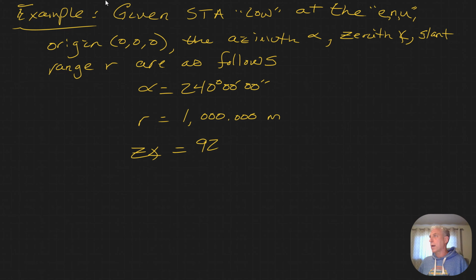So we're looking downhill, right? We need to find the easting, the northing, and the U, or the up. And we just apply those formulas.